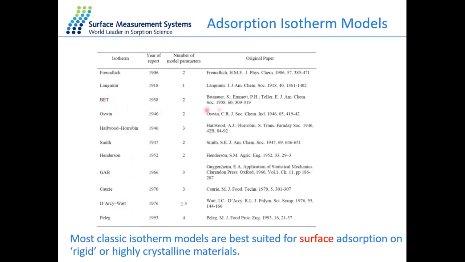The BET is probably the most famous and well-known and well-used isotherm model because it gives us access to the BET surface area, which is used to learn about the surface area of powders or fibers or particulates or granules or films, and is quite useful to understand and fully characterize material properties. But please keep in mind, these are for surface sorption only.